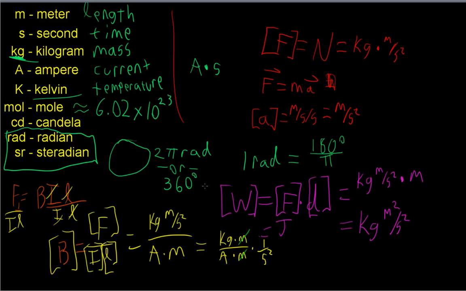Those meters cancel out, and we are left with kilogram per amp second squared, which is a really hard thing to wrap your mind around what it actually means. I mean, it's how many kilograms there are per amp second squared? I'm not sure. But that's the SI base unit of magnetic field.